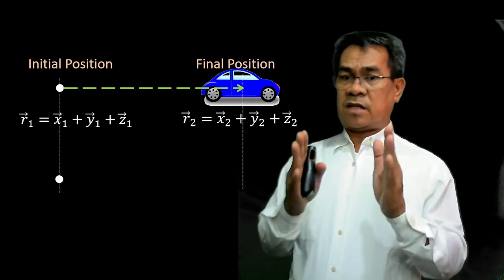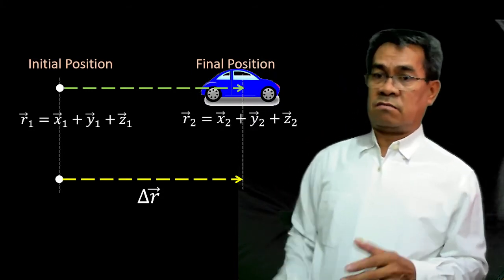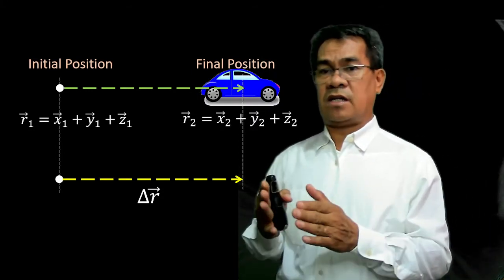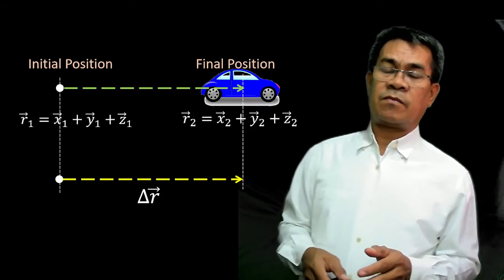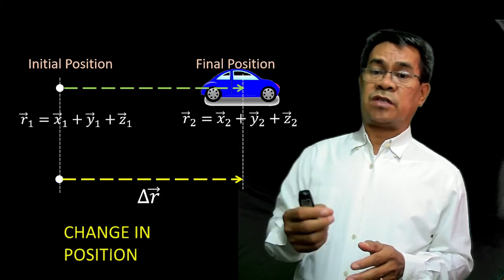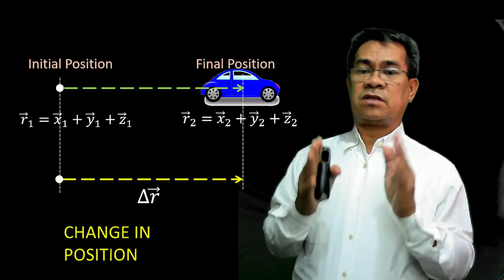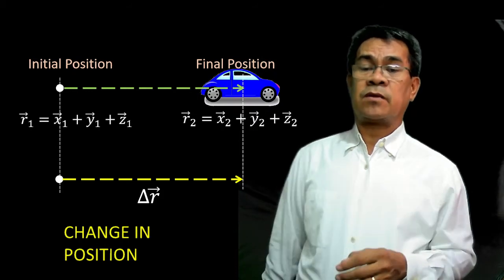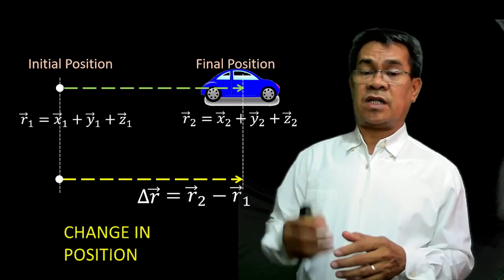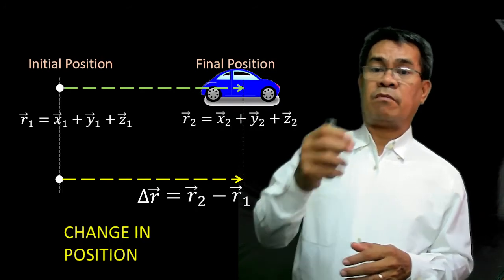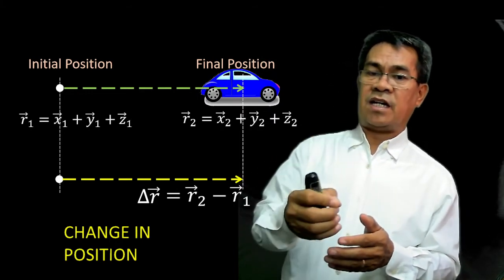Now if we take the change in position of that particle from initial towards the final, mathematically it is written as delta R. The delta R is the change in position, which means that there must be two points in order to provide a change in position. This change in position is final position minus initial, because the word change means it should be final minus initial.